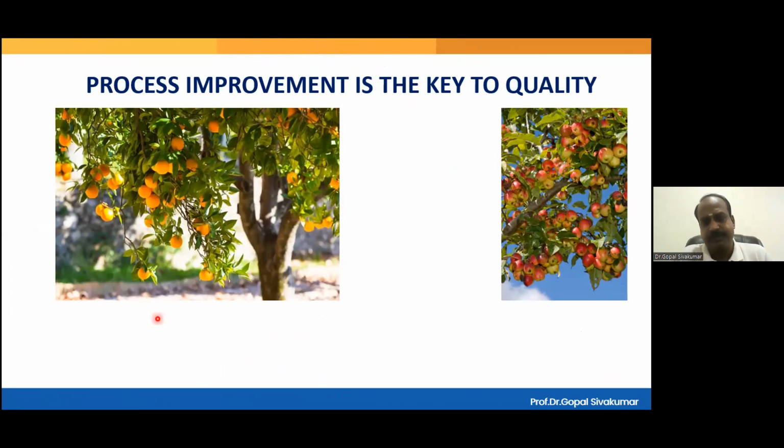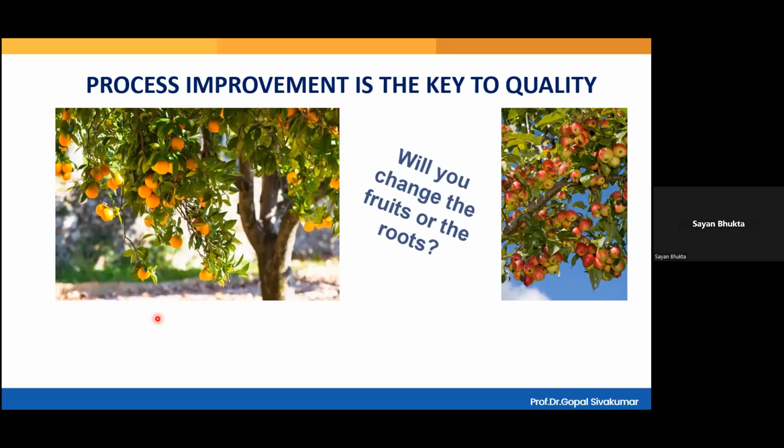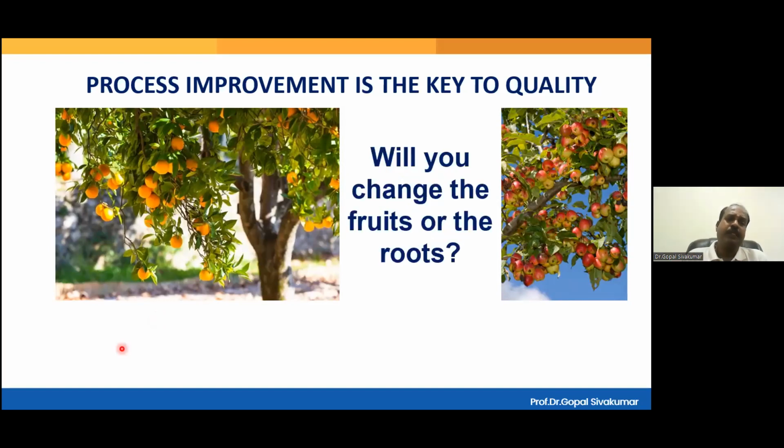If you want apple, that means if you want to change the fruits, you must necessarily change the roots. Unless and until you change the roots, you can't change the fruits, right? So this is very, very true. But the biggest insanity is that organizations expect better results, but they run the same process.